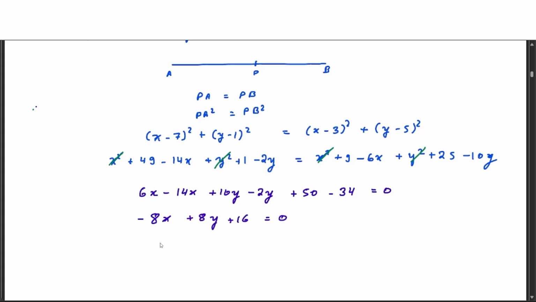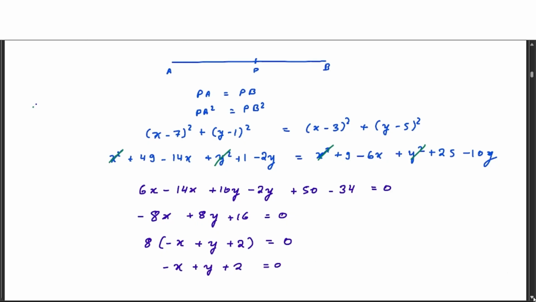Now you can take 8 common. So if you take 8 common, you will get minus x plus y plus 2 is equal to 0. Okay, so you will get here minus x plus y plus 2 is equal to 0.